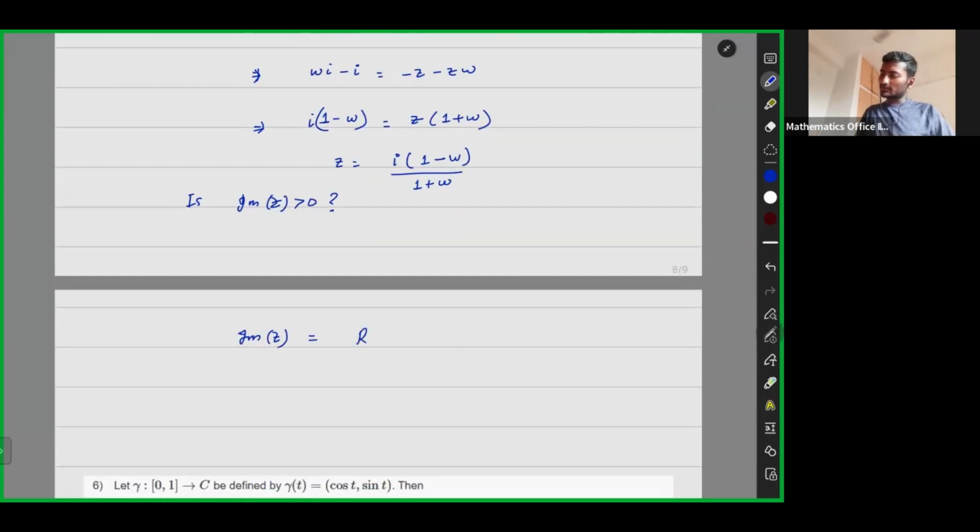This is the real part of (1 minus w) divided by (1 plus w), right? Now we somehow have to show this real part is positive, but how?